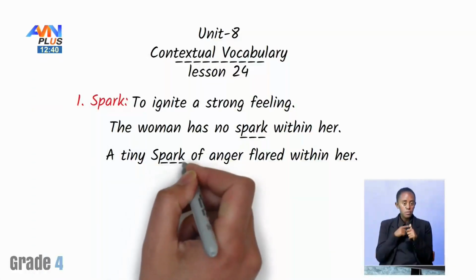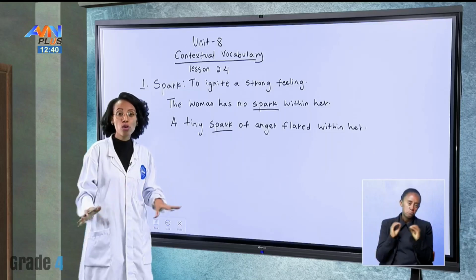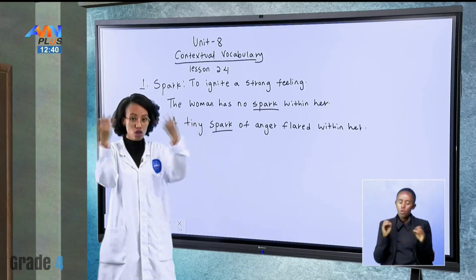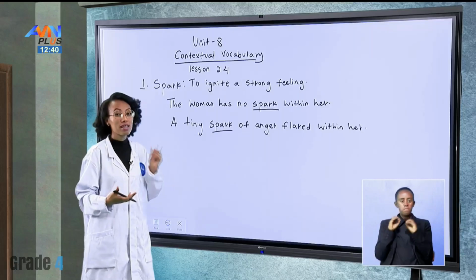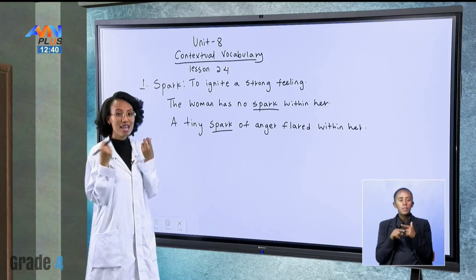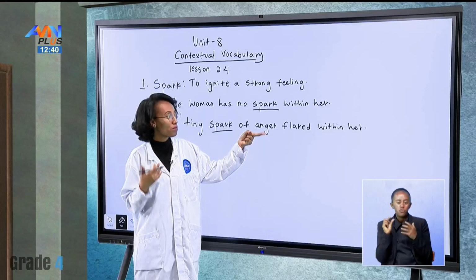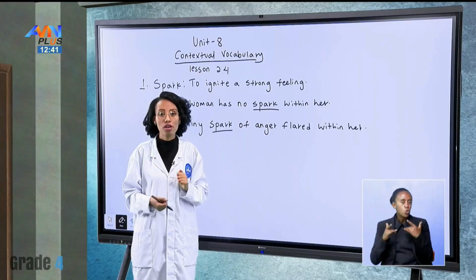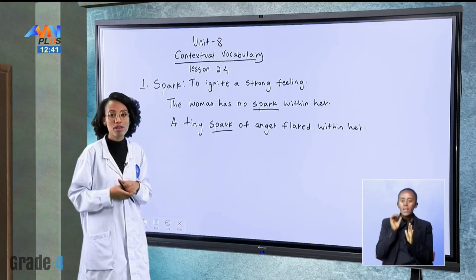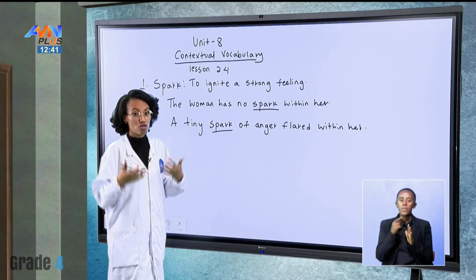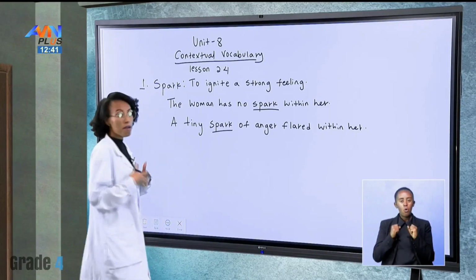In the first one, it seems like there were no emotions and no feelings being shown, right? But in the second one, it says a tiny spark of anger, which is a feeling, which is an emotion, flared within her. So spark represents, in this context, igniting a strong feeling or a feeling.